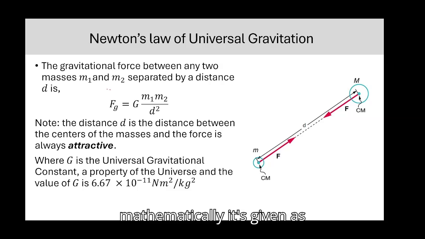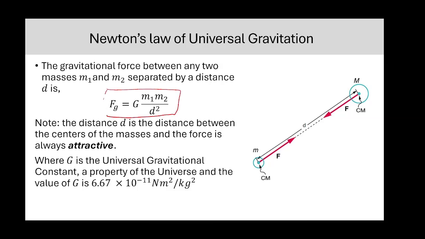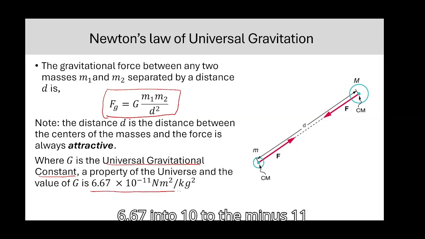Mathematically, it's given as: the force is equal to capital G times m1 m2 over d squared. Here m1 and m2 are the masses, d is the distance between their centers, and G is the universal gravitational constant, which has a value of 6.67 times 10 to the minus 11 newton meter squared per kg squared.